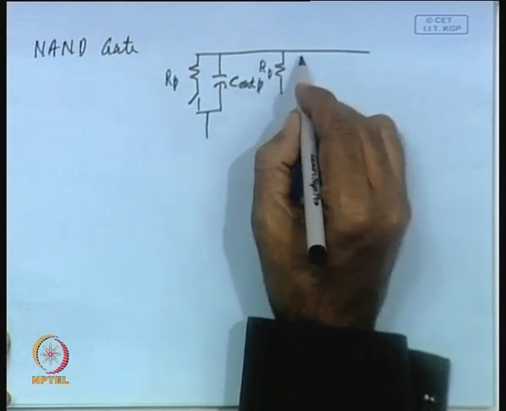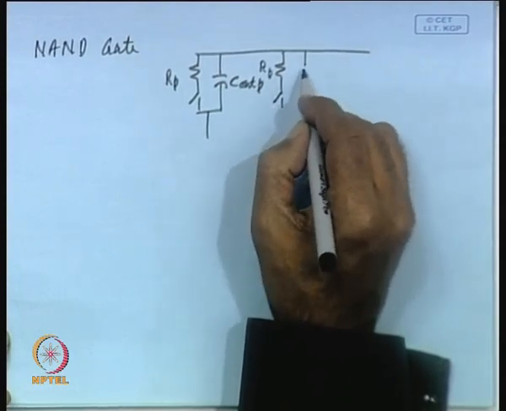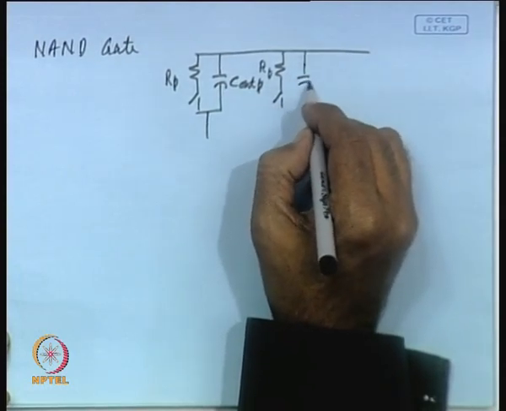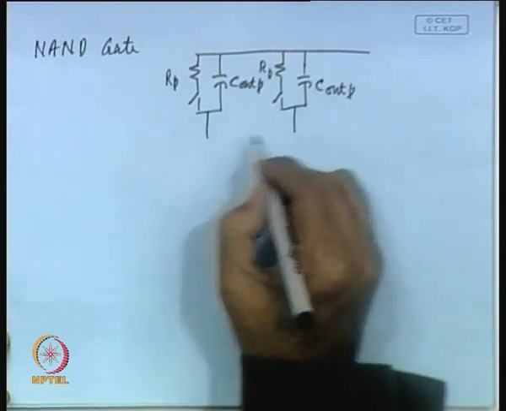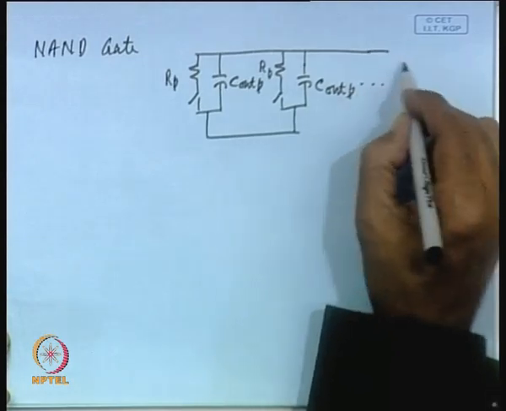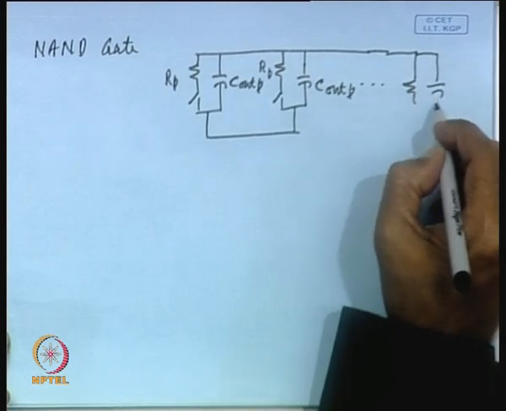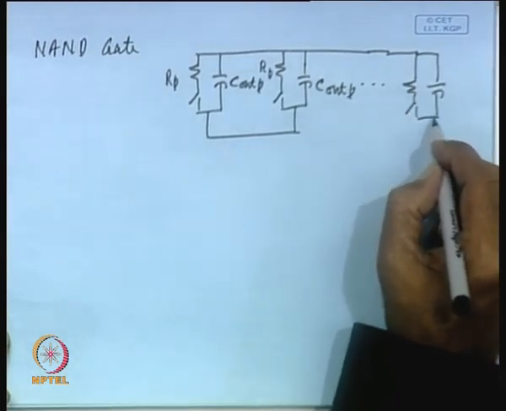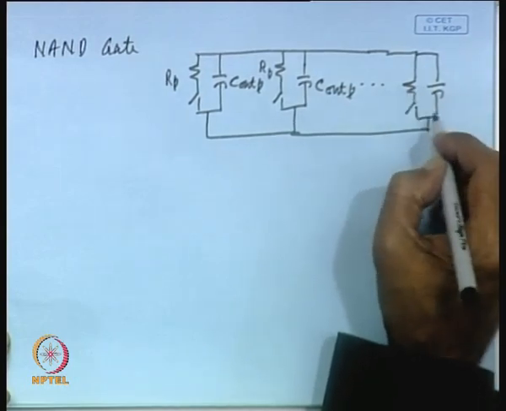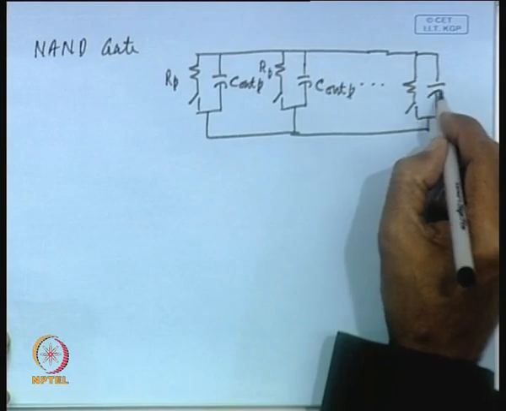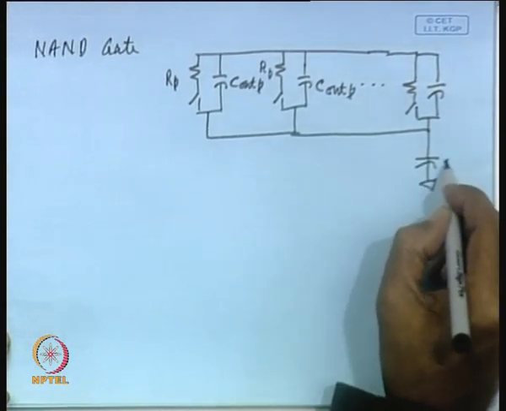RP with a switch representing the transistor, depending on on or off, the switch will be closed or not closed, and again you have got C out P. These are tied together, and in this way there will be n such resistors and capacitors in parallel. The switch is in series with the resistor, the capacitor is connected, and this is connected to the load capacitance CL.